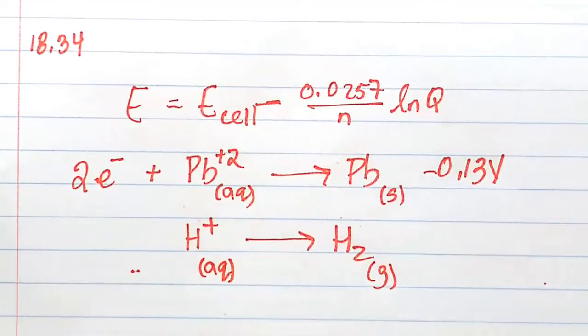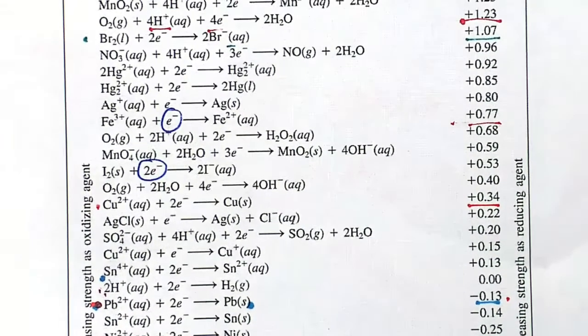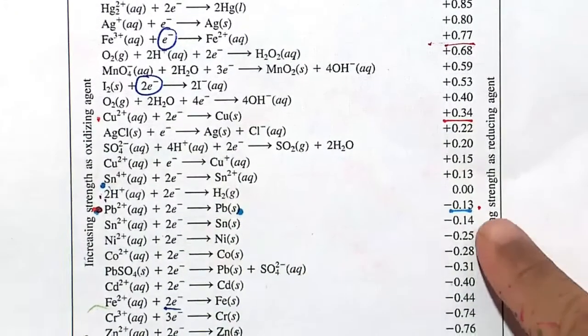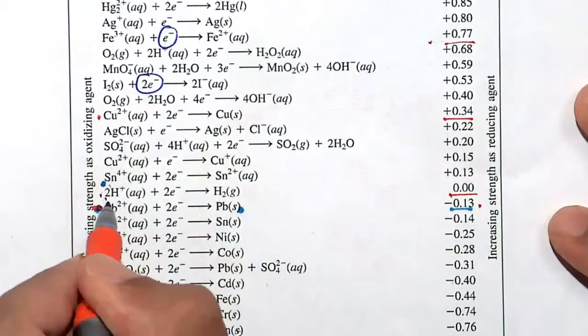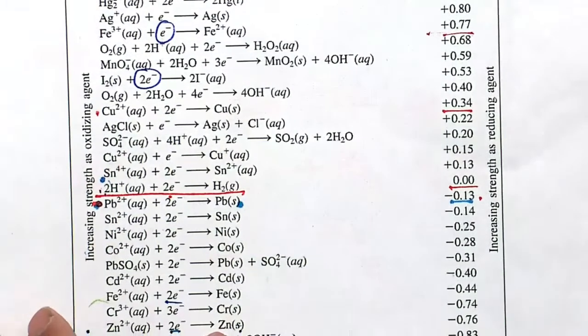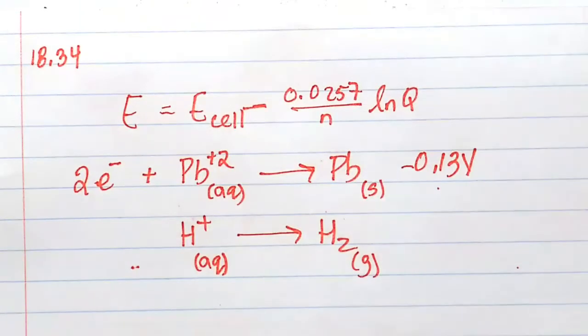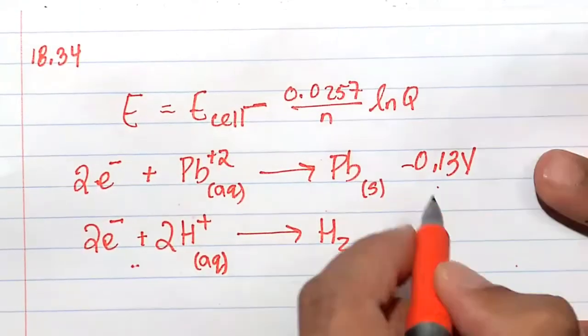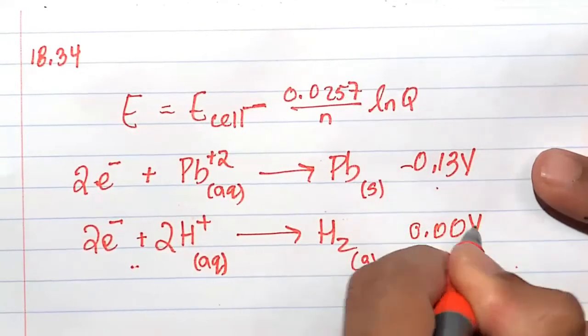H+ going to H2 gas, I believe, if I'm not mistaken, that's going to be 0. Yeah, it's 0. You see this here? H+ going to H2 gas is a 2 electron gain, and that's 0.00 volts. Once again, you see that in our table here.